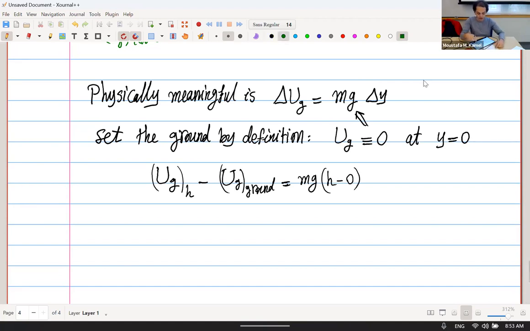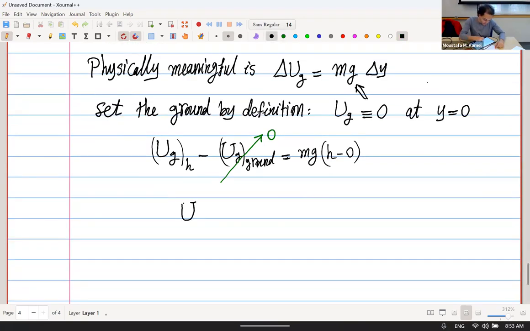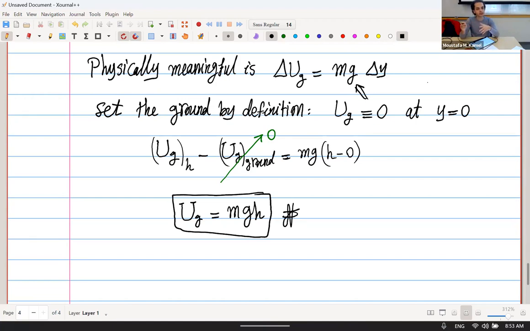I just substituted this definition into the formula above. So we defined the ground to be the 0 potential energy. So we get that the potential energy at height h is equal to mgh as measured from the ground being our reference point. Okay. So this equation by itself has implicit assumptions in it. It assumes that we're measuring with respect to the ground as our 0 potential. Okay.